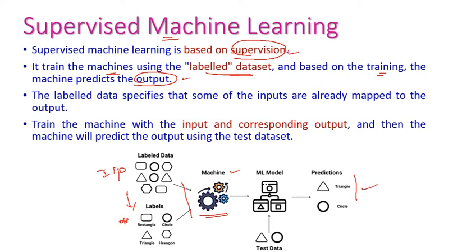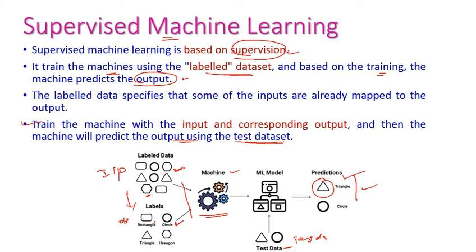By mapping the input and output data, or by mapping the raw data with its label, it predicts the corresponding output, and after that the trained machine has to predict the output by using the test data set. So this is test data. Suppose different types of symbols and corresponding labels are given to the machine.